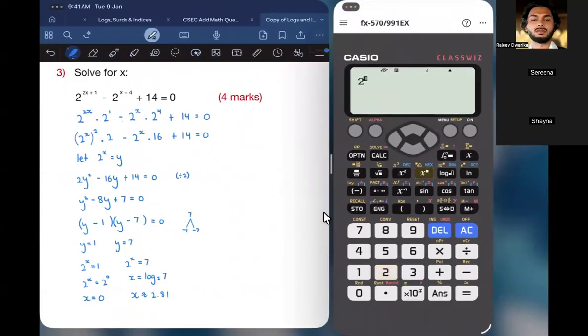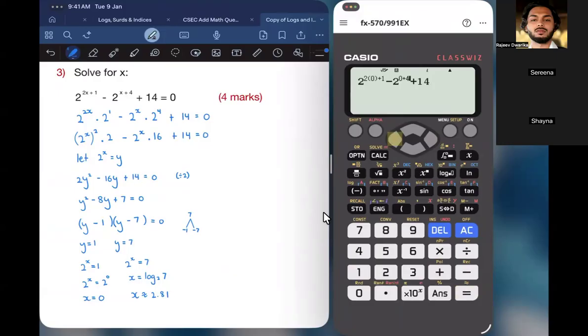So 2 to the power 2 times 0, plus 1, minus 2 to the power 0 plus 4, plus 14. What should I get when I press equal? 0. Yep, I do get 0. That's a valid solution.